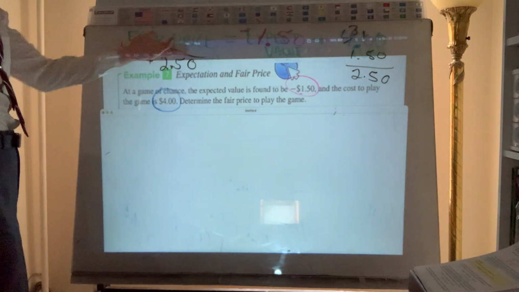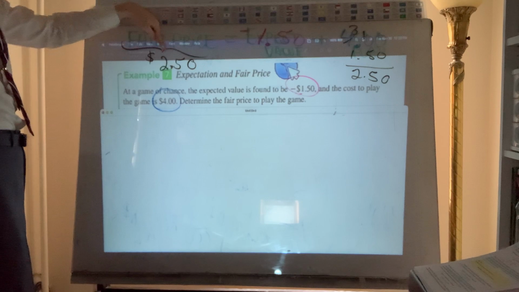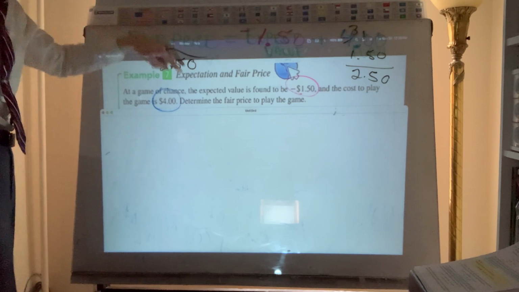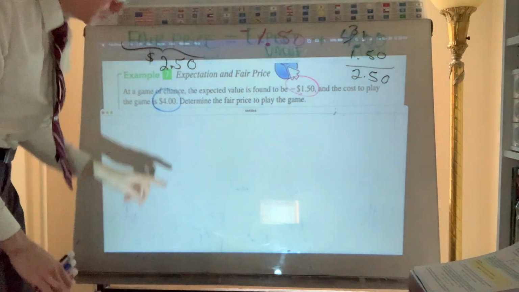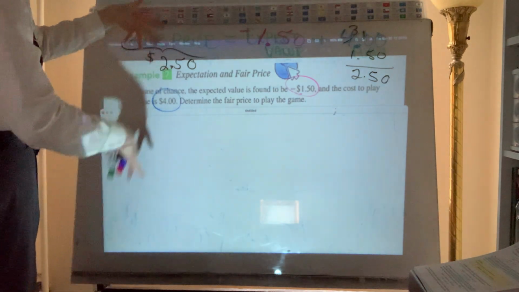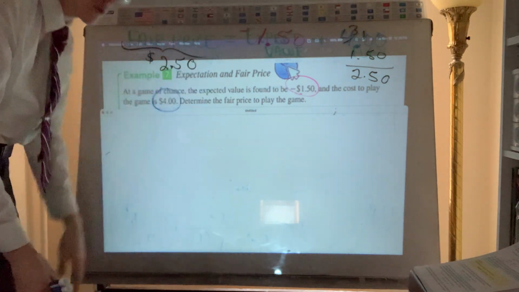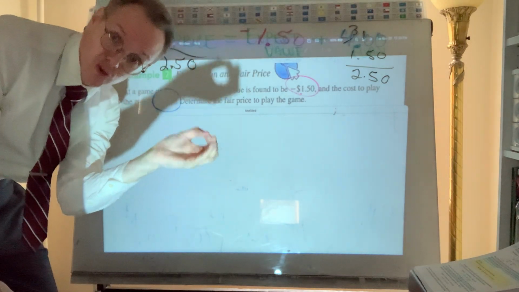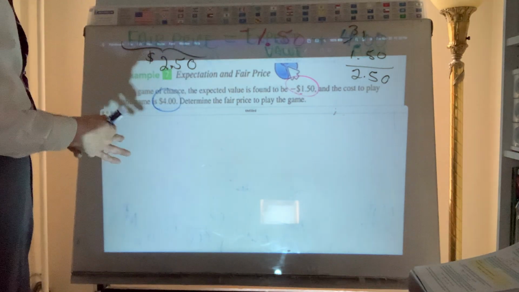So what would make this scenario fair? If the actual price would be $2.50. That means that if you did the calculation with this actual ticket value, or whatever the cost to play is, it would end up with an expected value of 0.